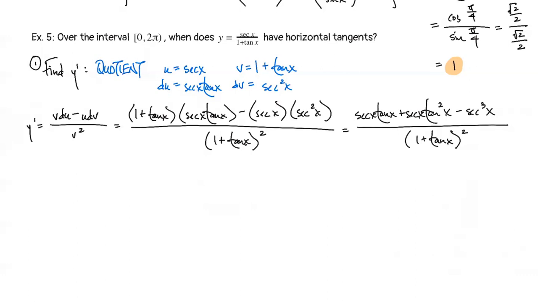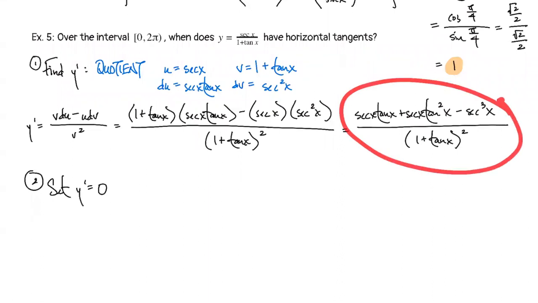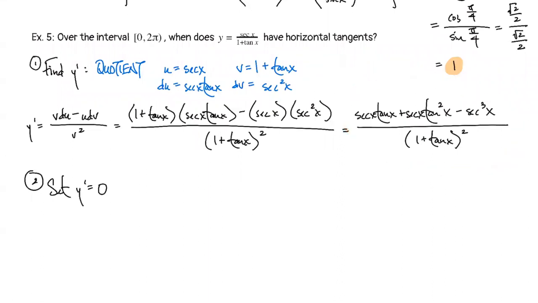I want to set this equal to 0. What is the only way that I can get 0 out of a fraction? The only way I can get 0 out is exactly if I take this numerator.